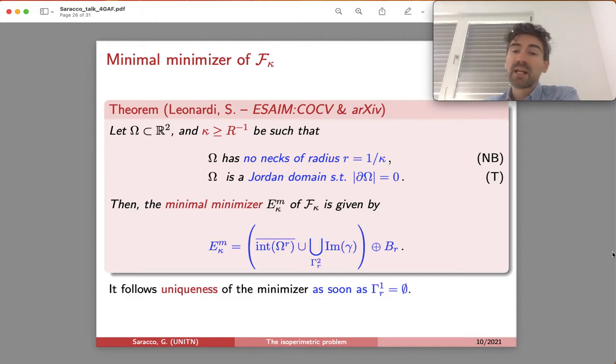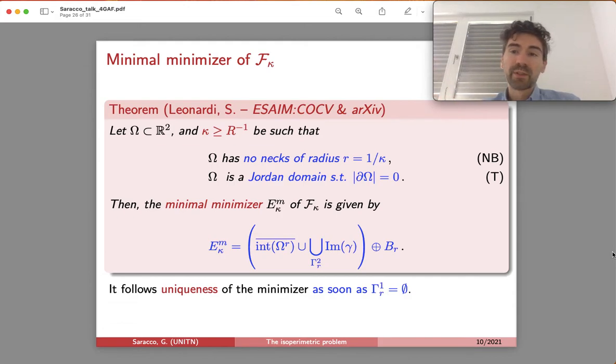If omega is non-exotic of radius the inverse of this kappa, well then the minimal minimizer is the Minkowski sum of a ball of radius r with the closure of the interior of the inner parallel set omega_r union the image of the curves of the second type. So the curves we saw in that dumbbell example, okay?